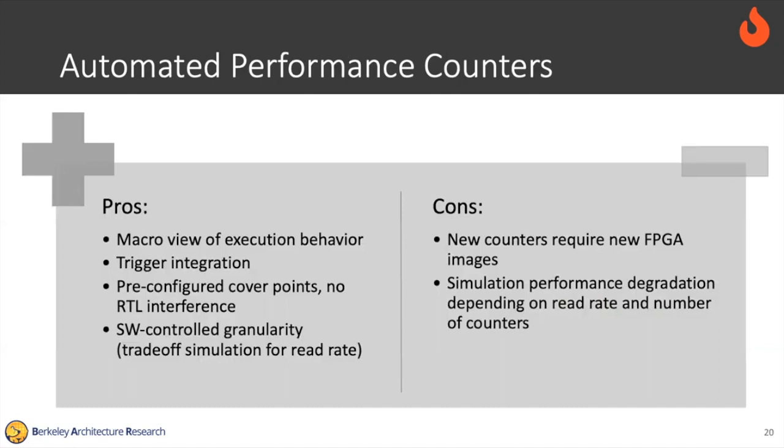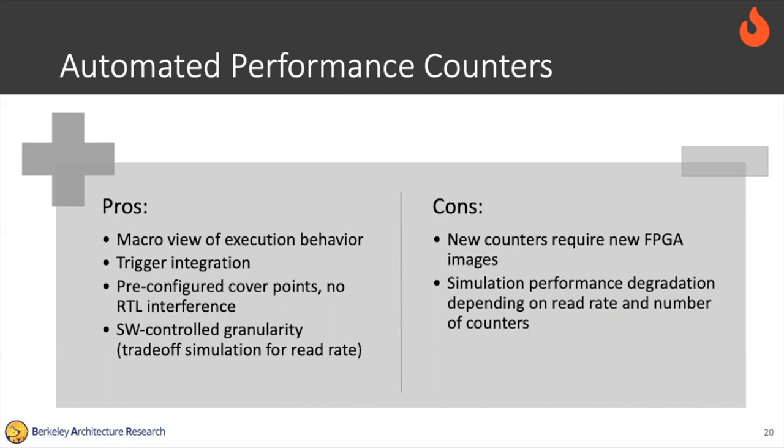So a couple pros and cons here. This gives you a nice macro view of execution behavior. Rather than looking at waveforms directly and trying to understand performance there, you get some designer insight into what is happening in the design, abstracting away information into a more easy to understand form for performance debugging. This handles the same trigger functionality that we talked about earlier, so you can control when these things are captured and not.